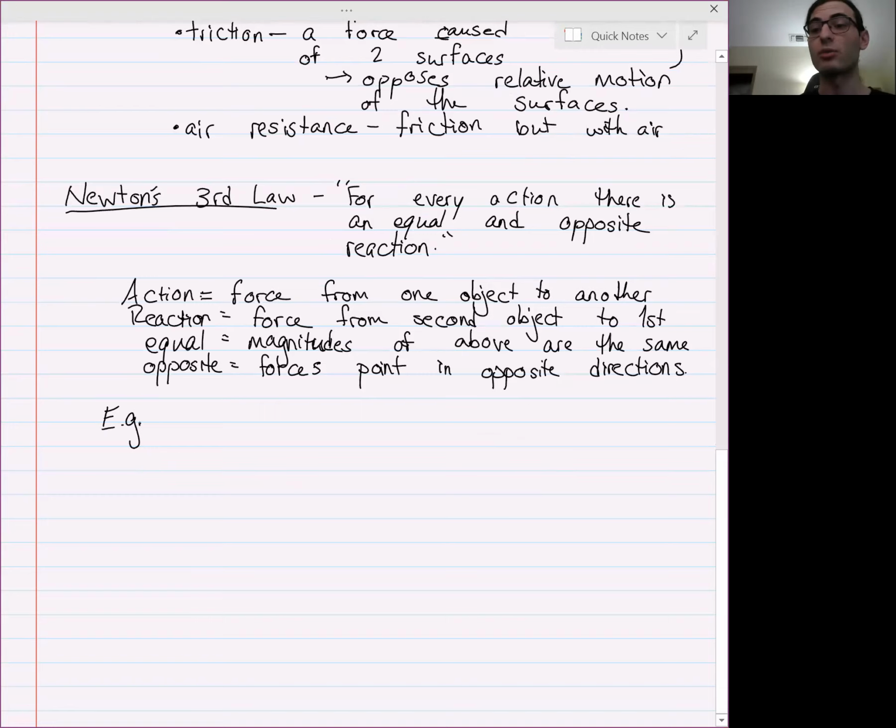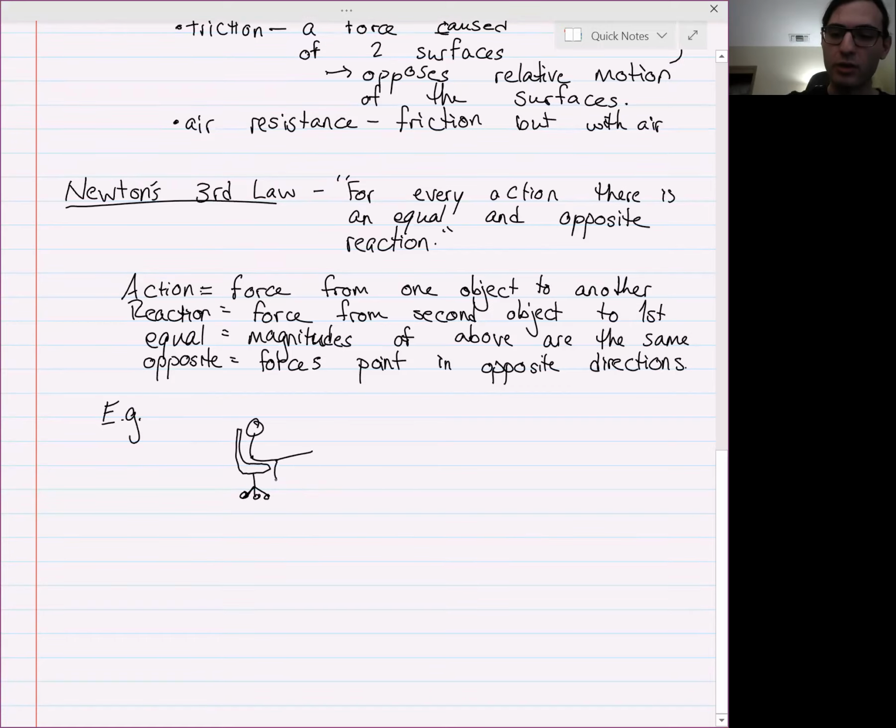So let's say I'm sitting on a rolling chair. So here's me. How do I draw someone sitting? Something like this. I'm a terrible artist, I'm sorry. And let's say I'm sitting on a rolling chair, and I stick one of my legs out, and I push off on a wall. So what force makes me move?